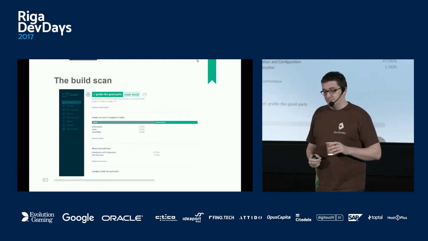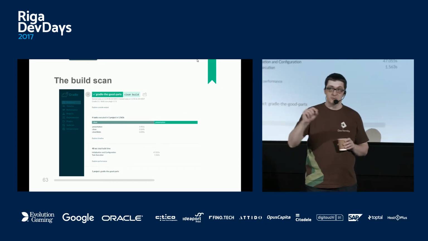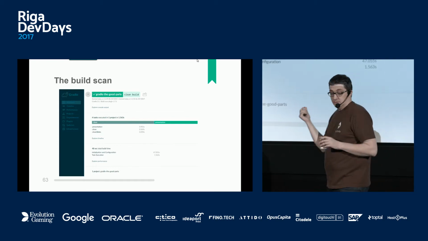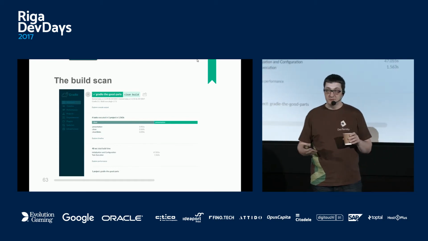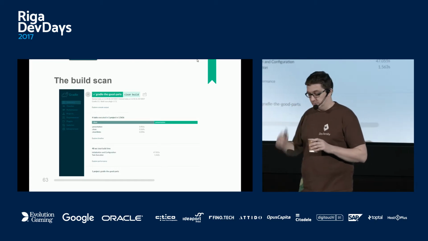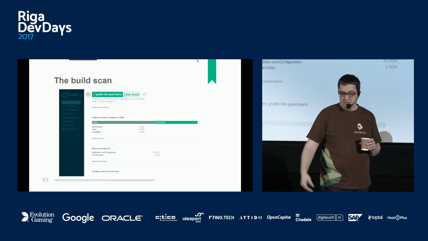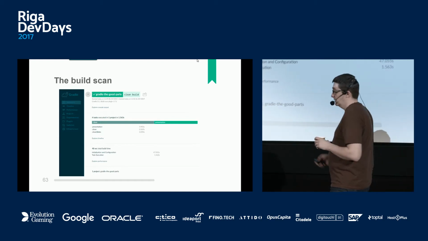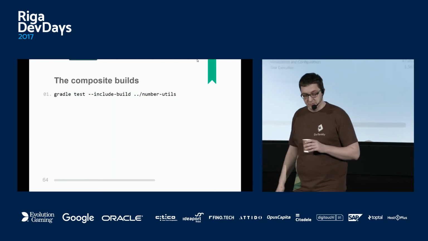You will see quite detailed information about where this build is spending time, and this is quite good for comparison between different developers, between your machine and the CI machine. I don't use it on a regular basis, but at least in the beginning, when trying to optimize the Gradle build performance, we used this just to get some input.